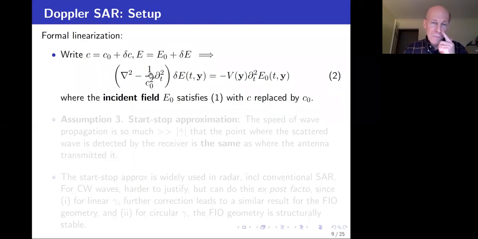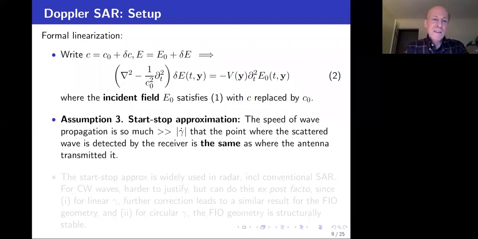So we have the free space wave operator on the left. That operator applied to delta E is equal to the product negative V of y times del squared E0 of y. And that actually should be times the delta function of y3. I left that out. I apologize.